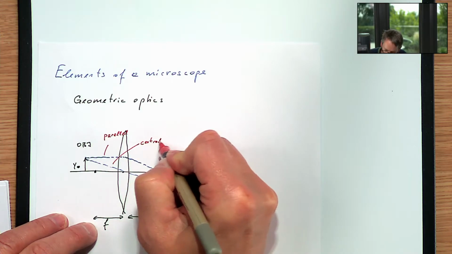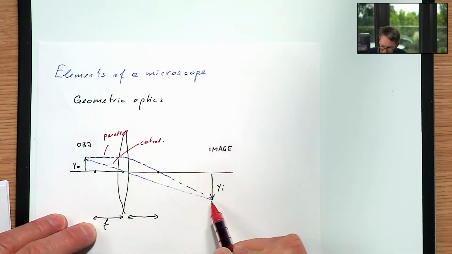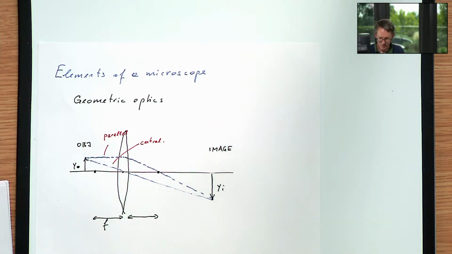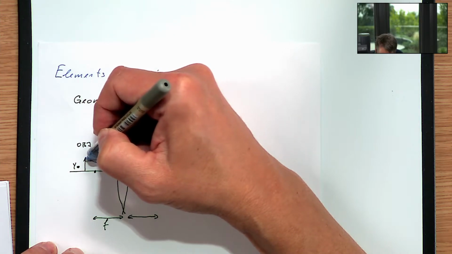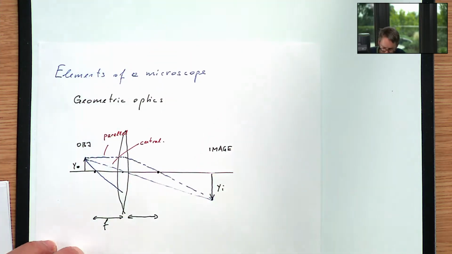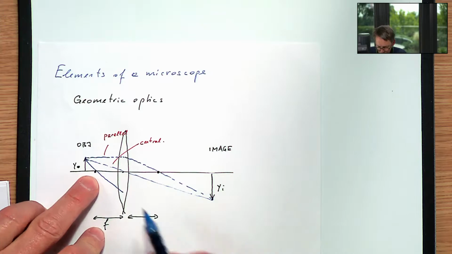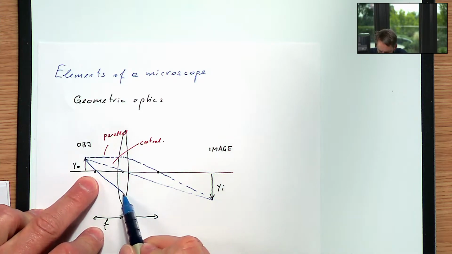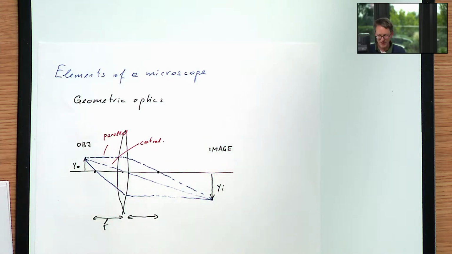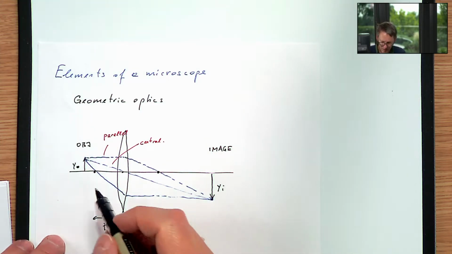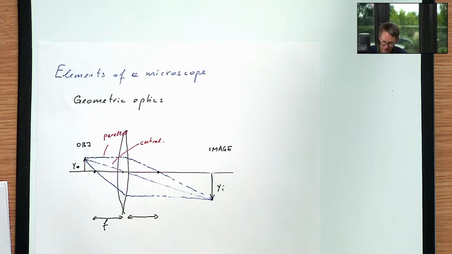So the central ray passes through the center of the lens undeflected. It just goes straight through. Equally, we can draw a ray that goes through the front focal plane, and that will come back parallel, and in fact it meets the other rays exactly at that same plane. So this is called the focal ray.